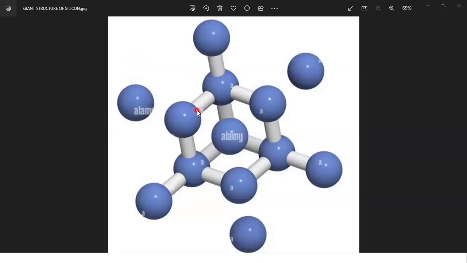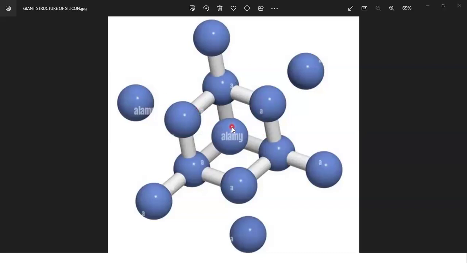So you see, the structure you can easily tell when you remember that the silicon element is very strong. So it forms giant, and the type of bonding is covalent. When you combine the two, you come up with the structure as giant covalent.